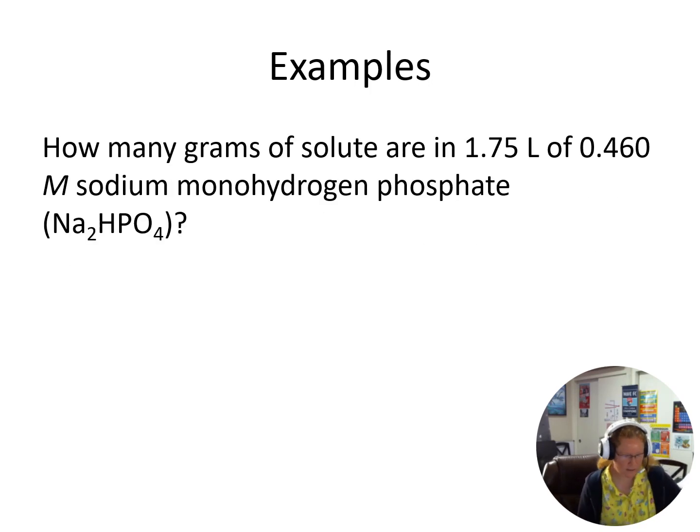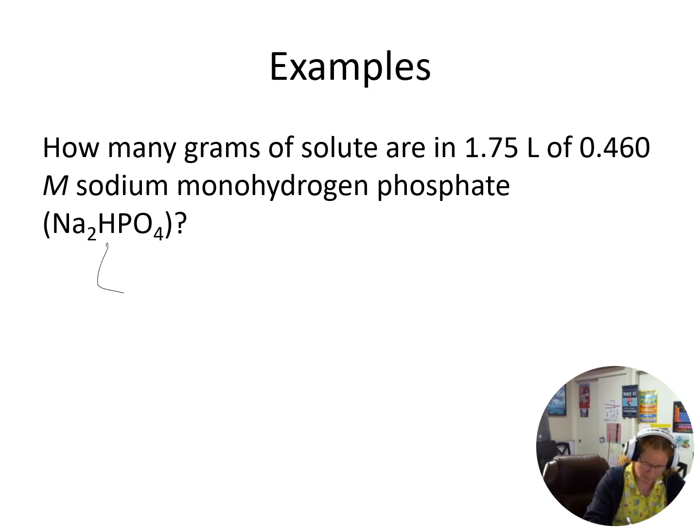All right. So now I have this solute. So I want to know how many grams of solute are in this solution of sodium monohydrogen phosphate. So my molarity is moles per liter. I need to know grams, so I'm going to need to know that molar mass.